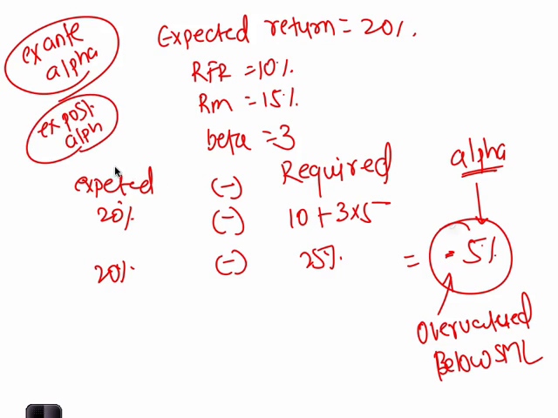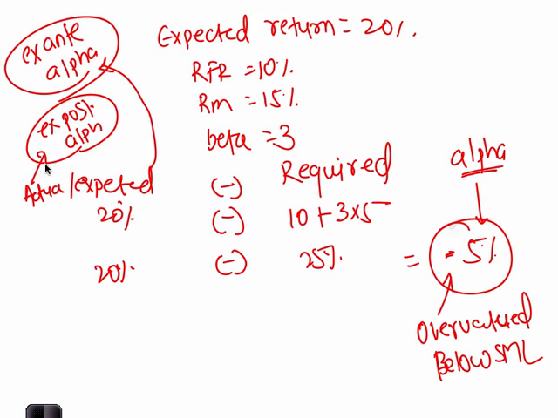So in this formula, if I am using expected, it is ex ante alpha, whereas if you are using actual, then it is ex post alpha. Are you following me? If you are doing calculations for the future, how much Hindustan Unilever will earn me this year, then you are forecasting the future, ex ante. But if you are doing calculations in the past, how much HUL actually earned me, then it is ex post alpha.